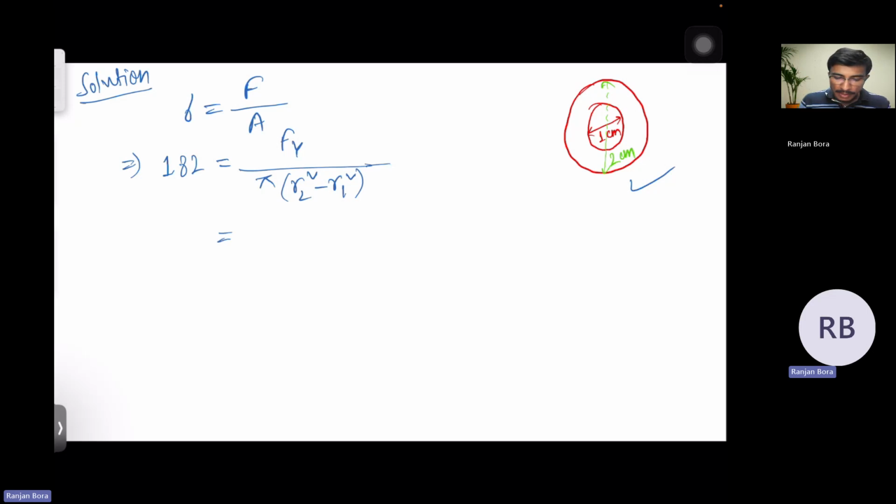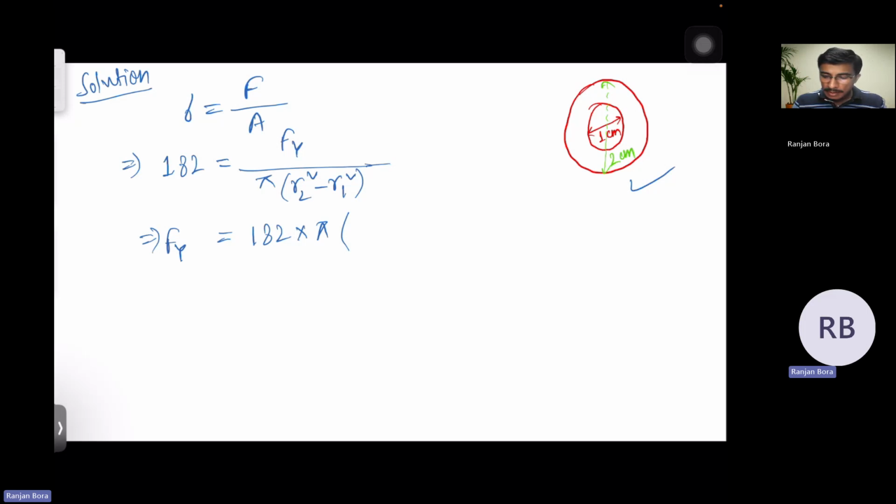So we need to find Fy, so we'll take Fy to the left hand side. 182 cross pi. What is R2? The outer diameter is 2 centimeters, so the radius will be 1 centimeter. We'll take the length unit in millimeter because the stress is given in megapascal, so we'll find the force in Newton.